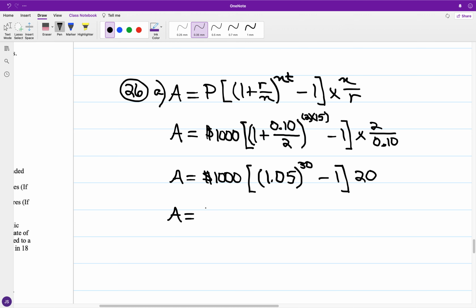Looking at the numbers inside the brackets, you have 1.05 to the 30th, which is just over 4.3. We have minus 1, times 20.